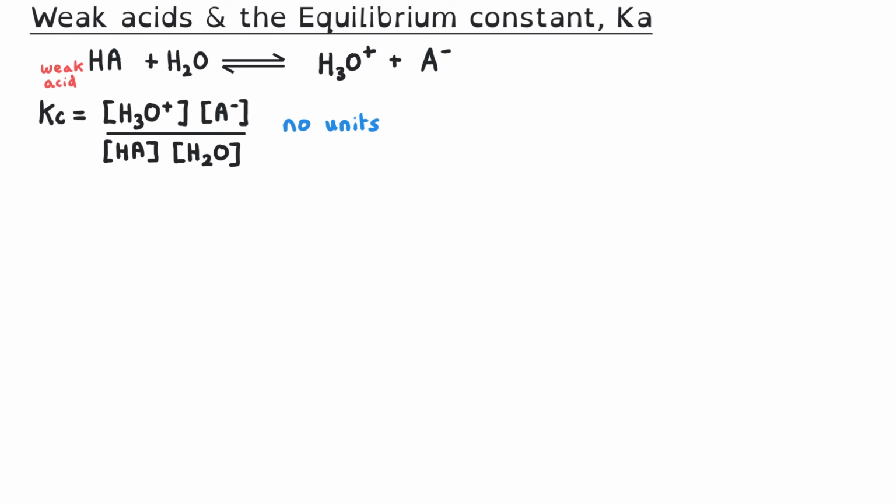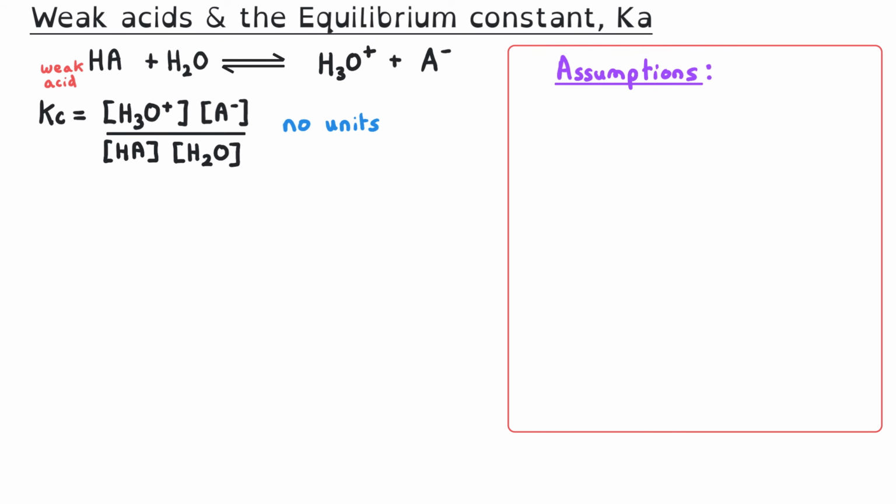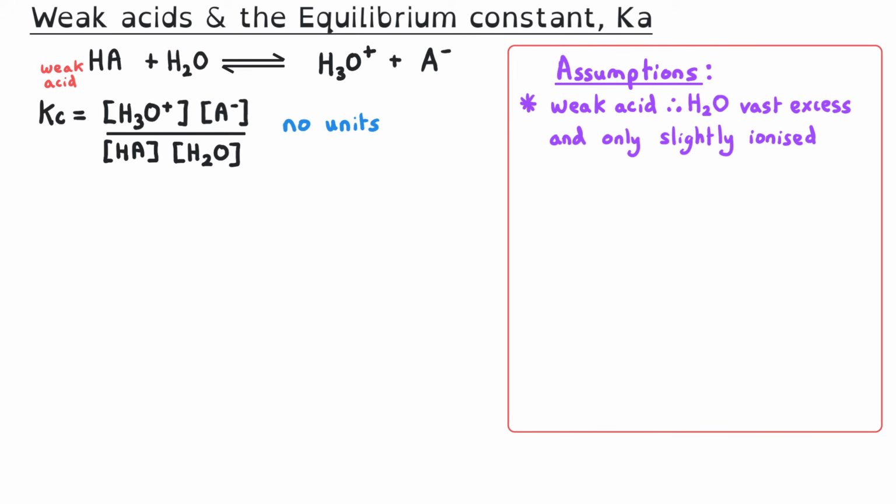We always have the product concentrations on the top, multiplied together, and the reactant concentrations go on the bottom, again multiplied together. Now, to work towards the Ka expression, we need to recognize a number of assumptions. First of all, we're working with a weak acid. So this means that the water molecules are in vast excess and they are only slightly ionized.